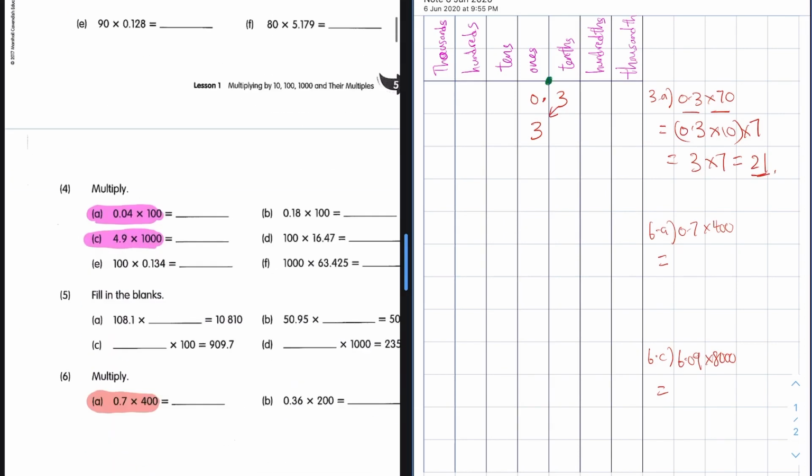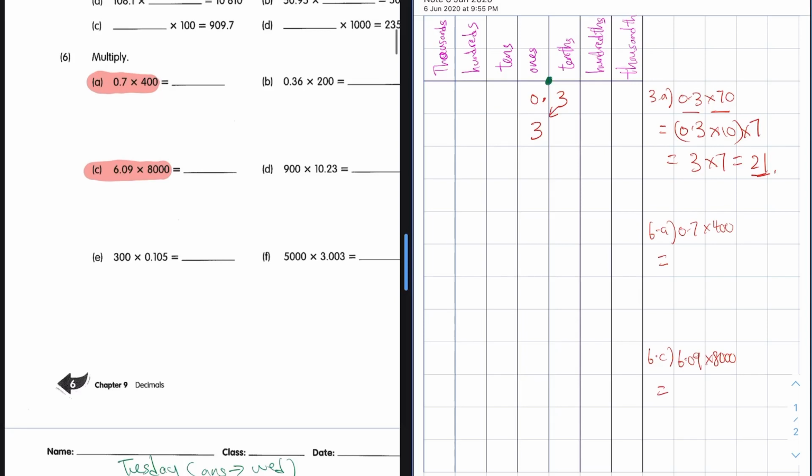Next, we come to 6a. 0.7 times 400. I can also think of it as 0.7 times 100 times 4. So I'm going to write 0.7 here, 7 tenths. So when I multiply by 100, because there are 2 zeros, everything shifts to the left by 2 squares.